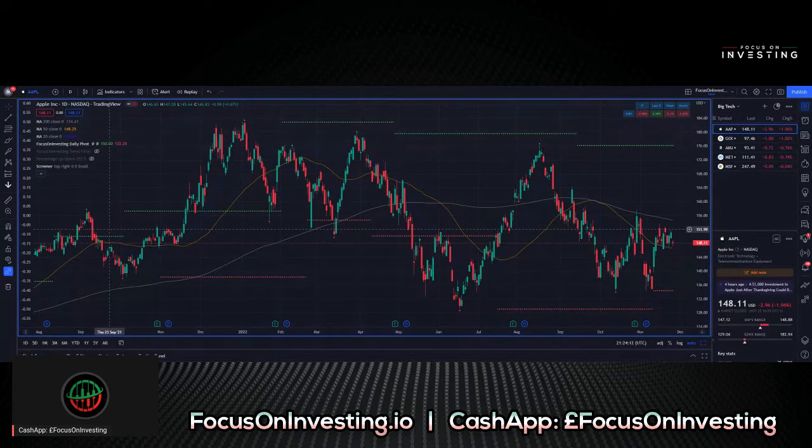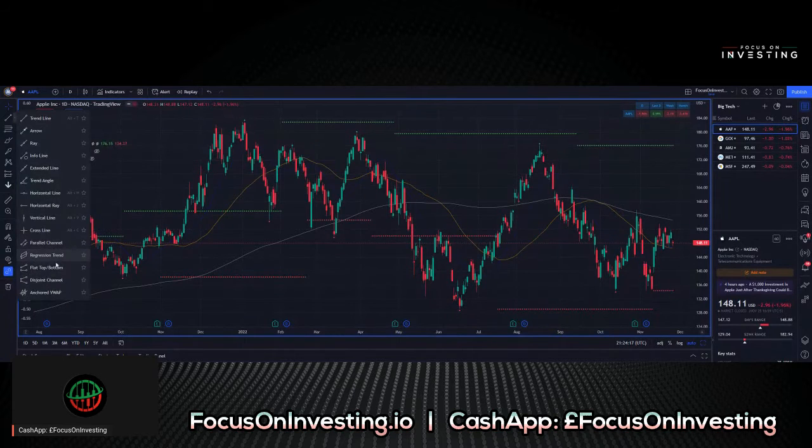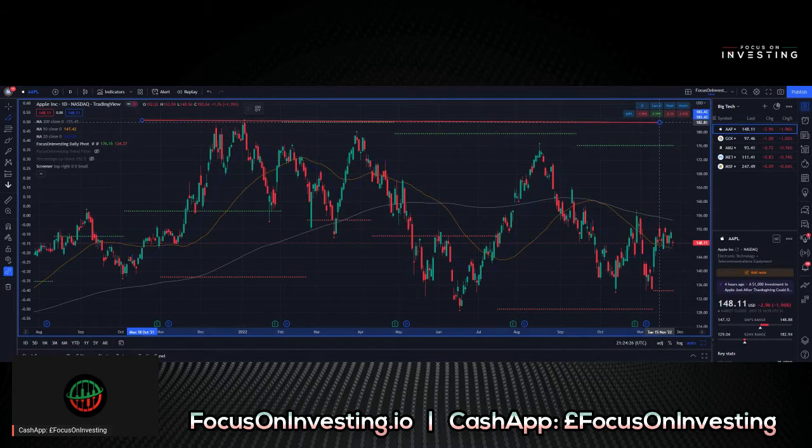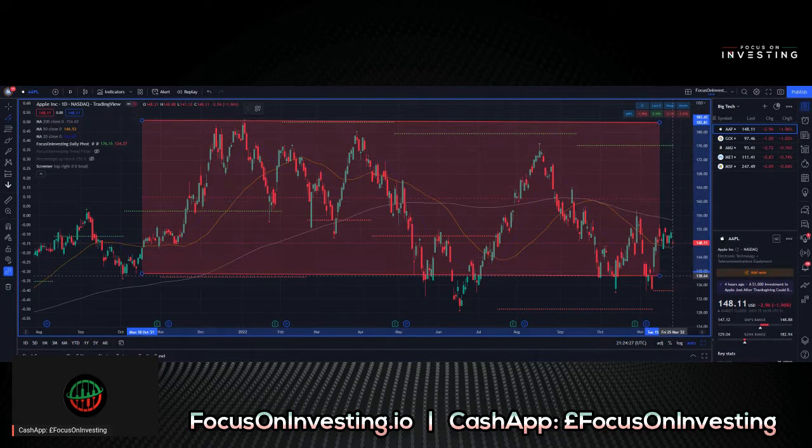If we bring up our parallel channel, you can see that price is basically just trending in between a channel. If we go from about here to here, price moved in this range.